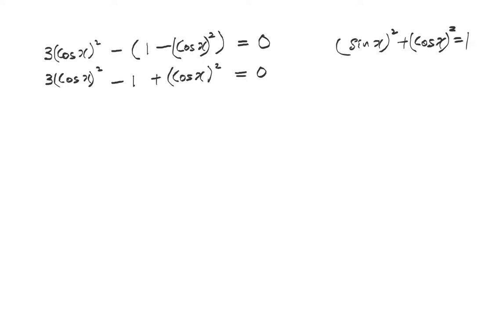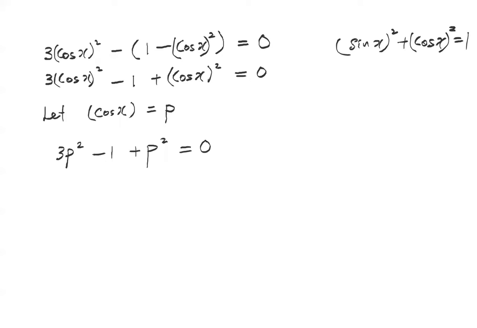I let cos x be equal to any alphabet other than the alphabet used in the question. Okay, up to me, I can use P. Did the question use the alphabet P? No. So I will have 3p squared minus 1 plus p squared equal to 0.